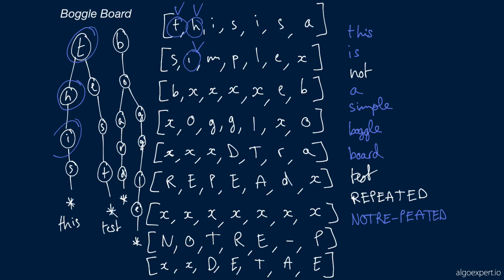Then we move on to the next one. This M, is it here? No. X, no. X, no. B, no. S, yes. We've got an S. Then we've got a word, and we add it to our final words array. We don't want to duplicate it, so we're probably going to keep track of words that are actually contained in the boggle board in a hash table, but that's an implementation detail.